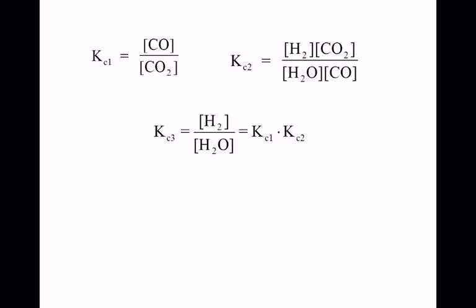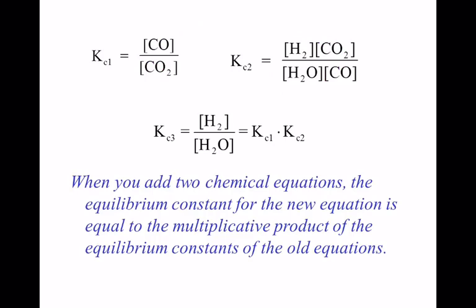So what we've just proven is what it says in blue italics here: if, like in this example, you can add two equilibria together to get the third equilibrium, then the equilibrium constant for that third equilibrium is equal to the product of the two. Okay? So that's a good trick, too.